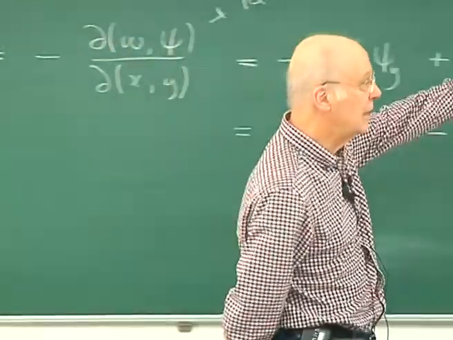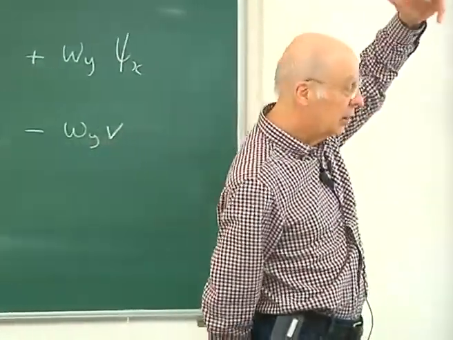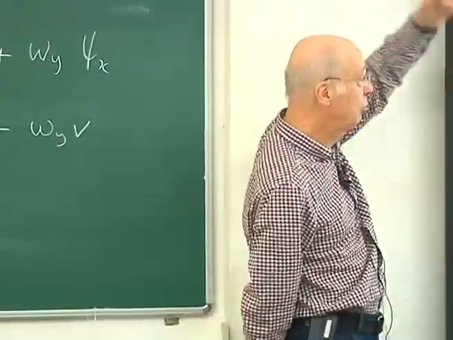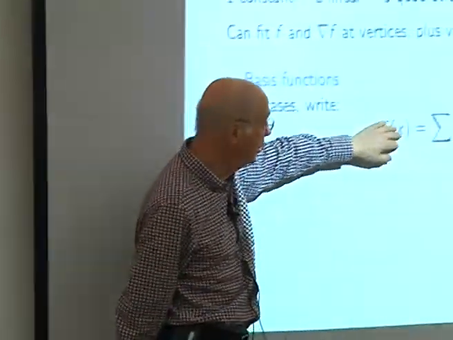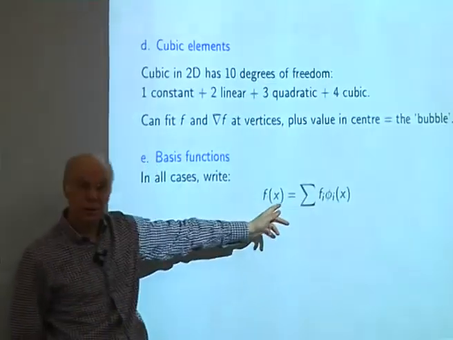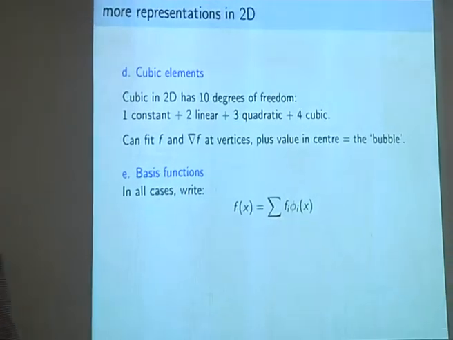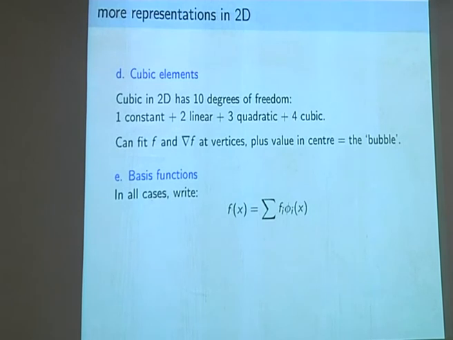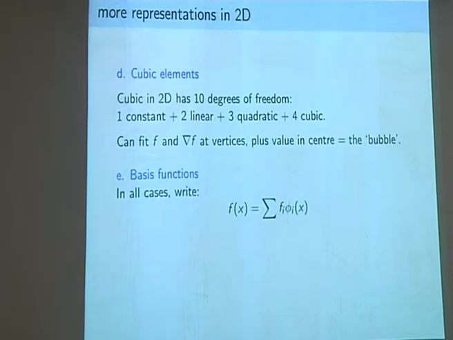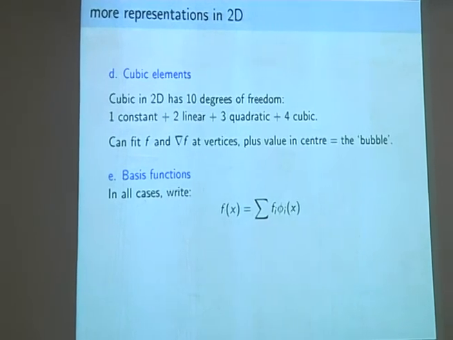Okay, in all of these cases, for the linear, quadratic, and cubic elements, we can write the function as some amplitude, which may or may not be a spot value of the function, times a basis function. And we've talked about the basis function in one triangle, but we have to remember that the spot value joins up with all the triangles associated with that vertex.